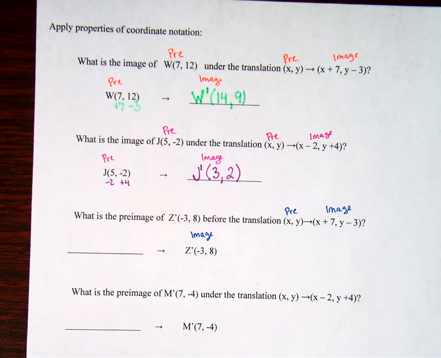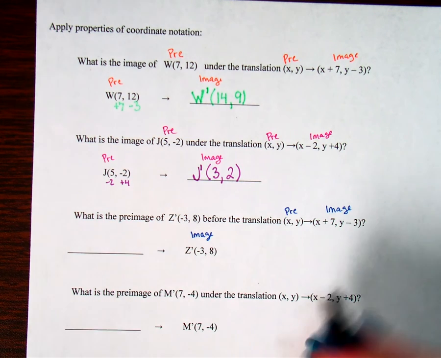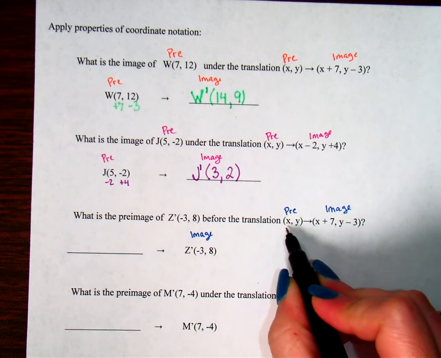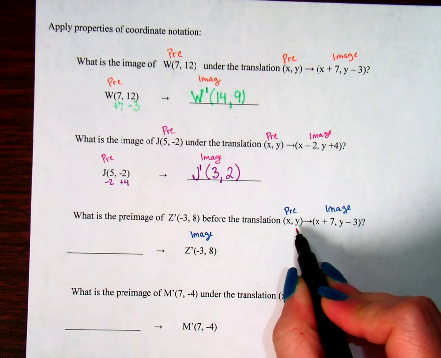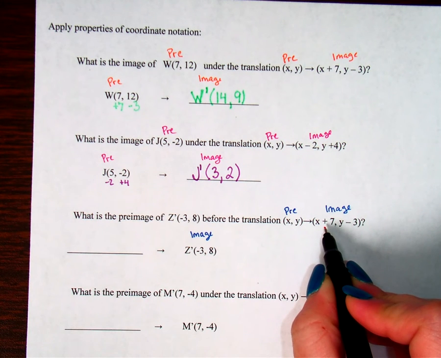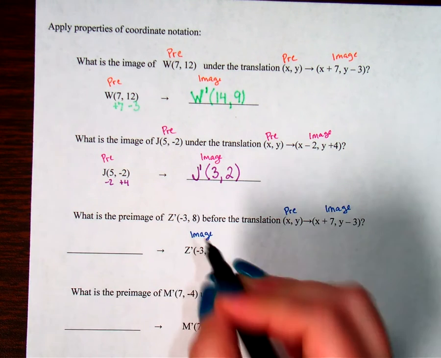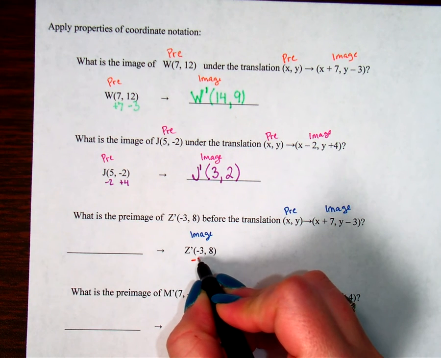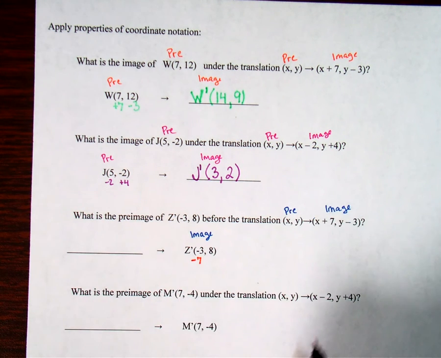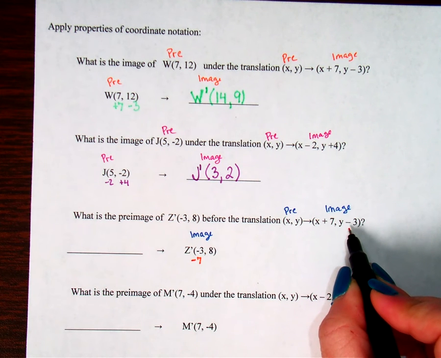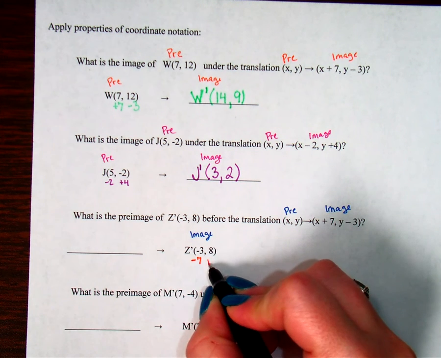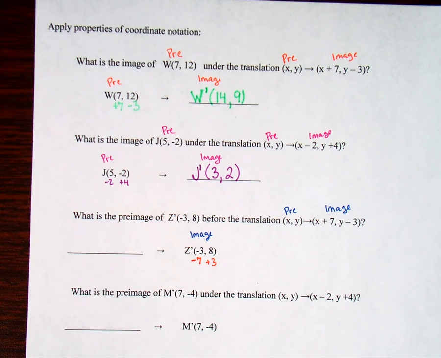So when I'm working backwards, if I want to work backwards to where I originally was, we have to do the opposite of what we did. So instead of adding 7, I'm going to be subtracting 7. Instead of subtracting 3, I'm going to be adding 3. Okay?